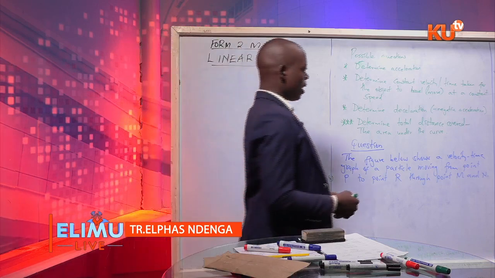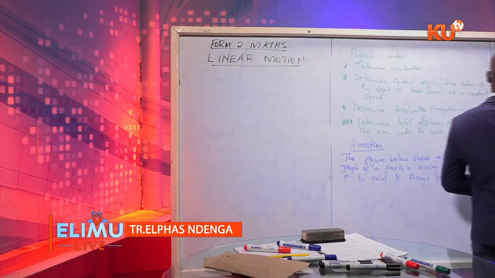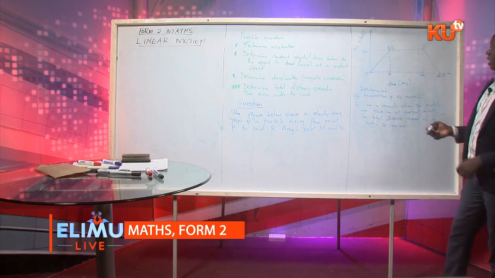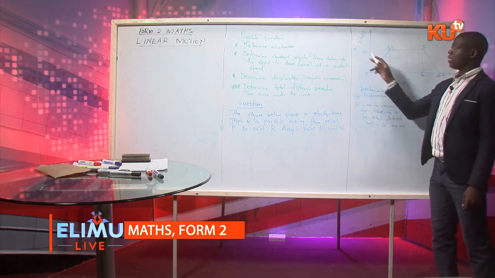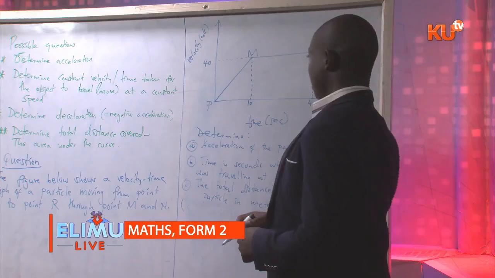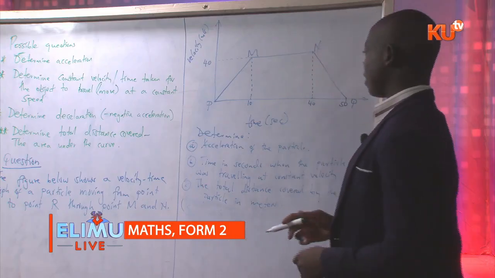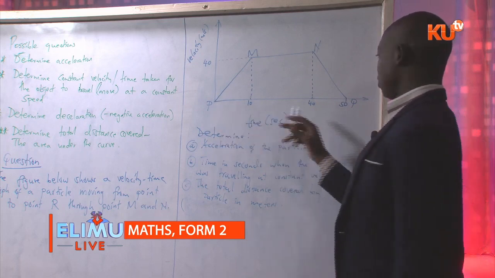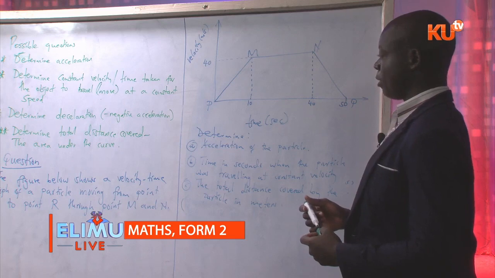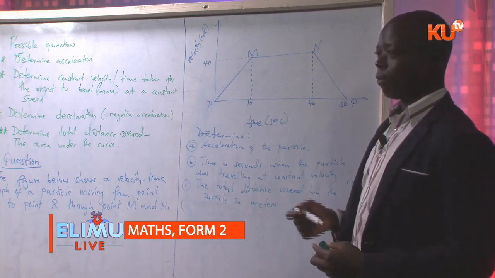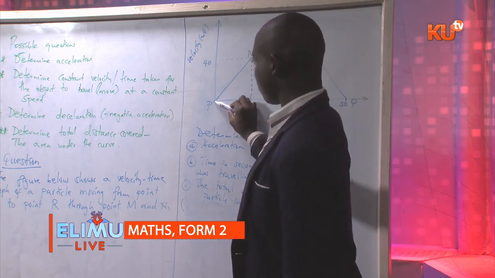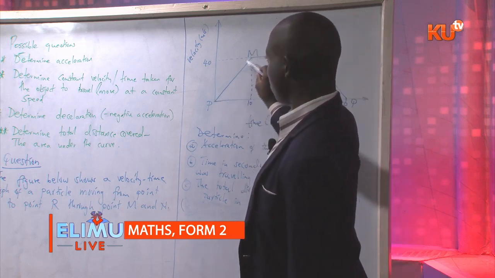If you look at the diagram, the maximum velocity that this particle attains is 40 meters per second, and the maximum time taken to move from P to Q is 50 seconds. We've been told to determine the acceleration of the particle. How do you get the acceleration? We've discussed before, it is along this path.